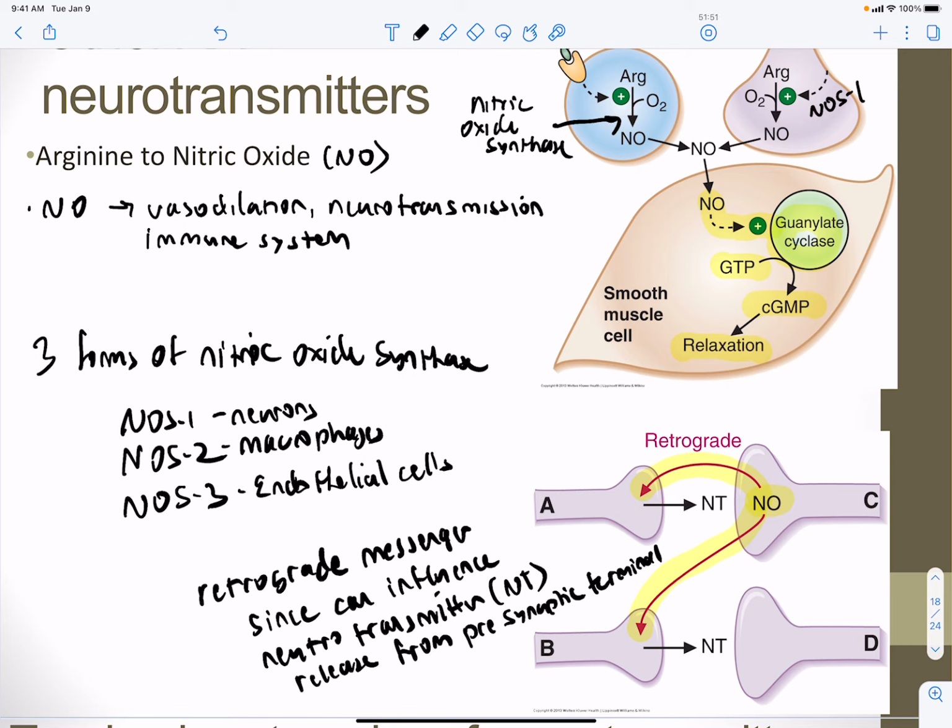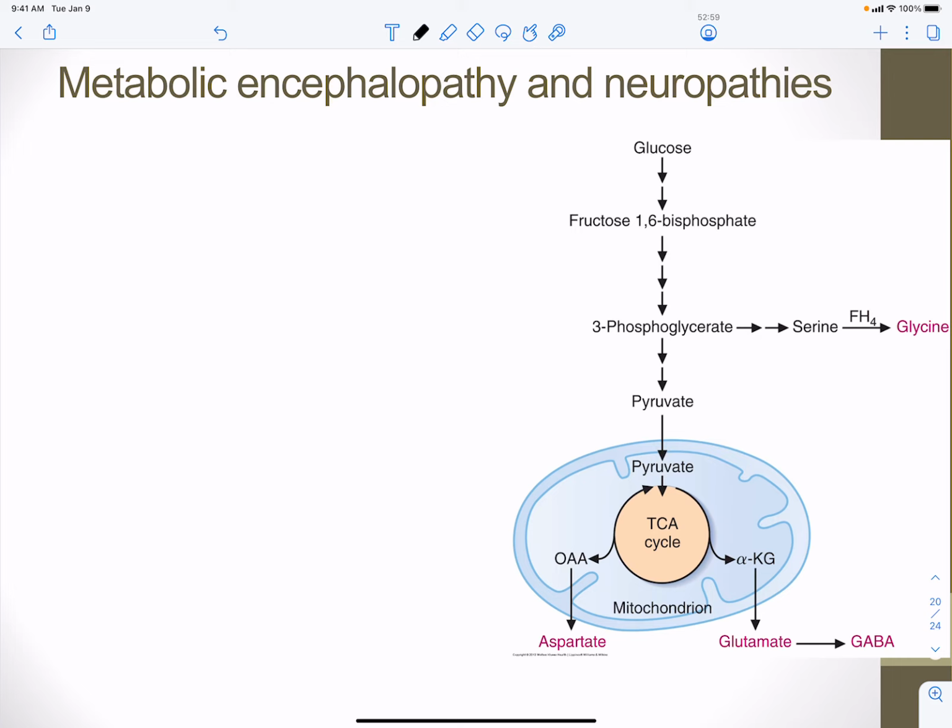Now, some things that we have to discuss are some different encephalopathies and neuropathies. So we have hypoglycemic encephalopathy, which is a pathophysiologic mechanism of neuronal cell death.